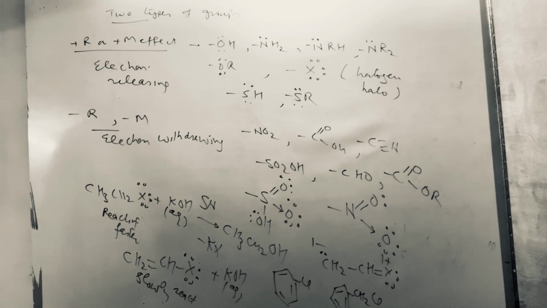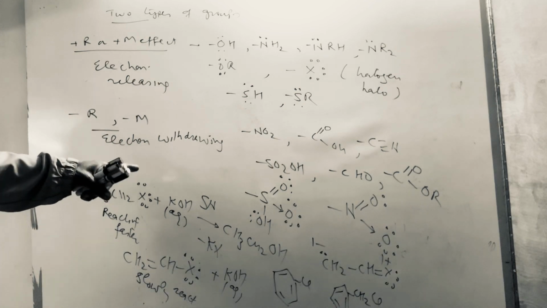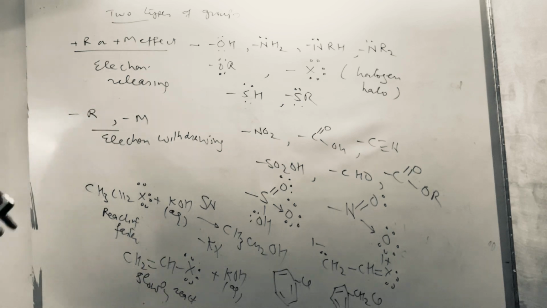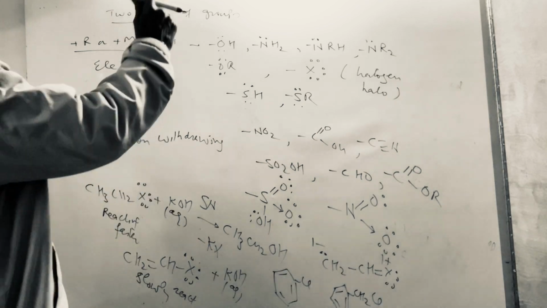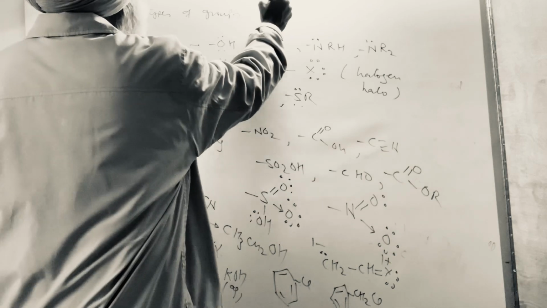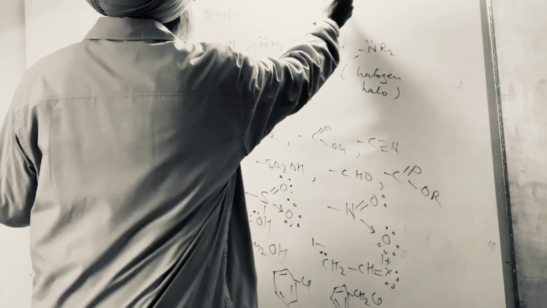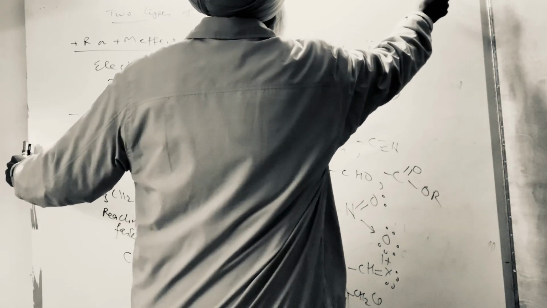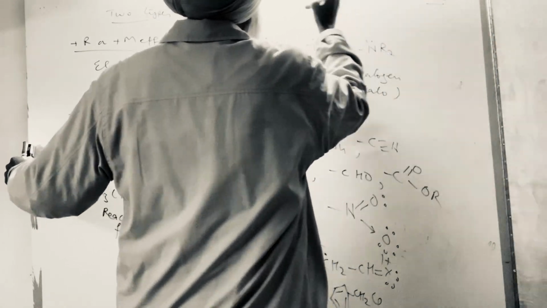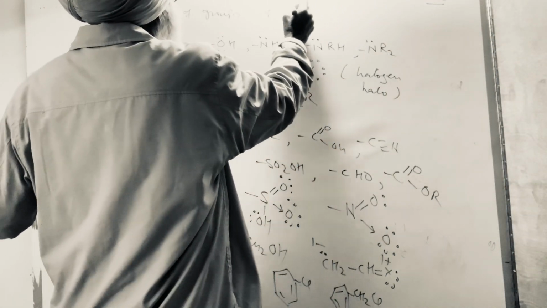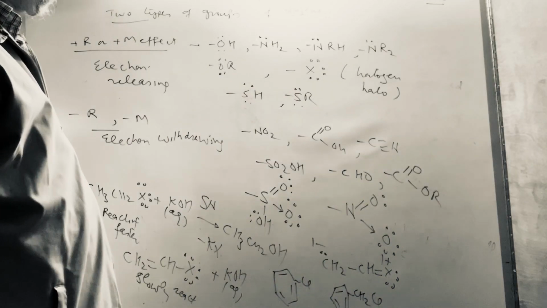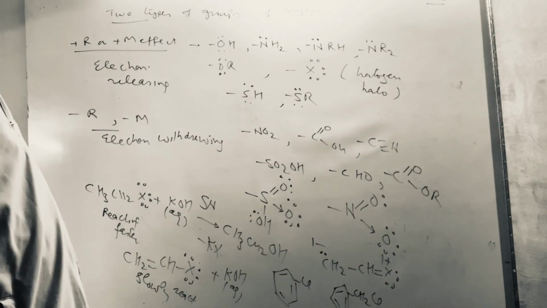This is the example I have given you of a nucleophilic reaction. Similarly, the same effect can also be used as directive influence in electrophilic substitution of benzene. So these groups have a directive influence in electrophilic substitution reaction.